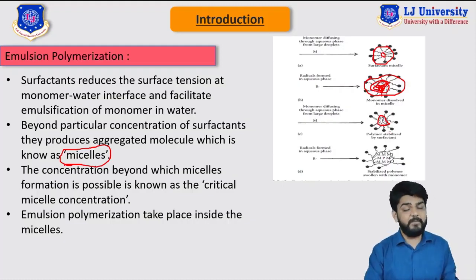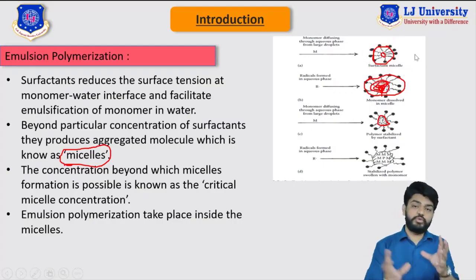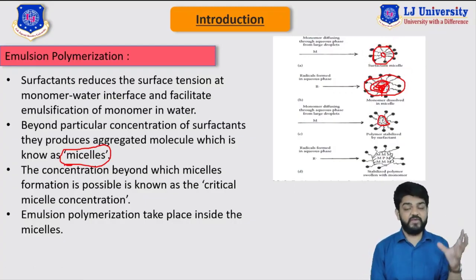So this was all about emulsion polymerization. This entire image explains the concept of emulsion polymerization, right? You can see here in the initial stage we take these surfactants which have two parts. Their head is hydrophilic while their tail is hydrophobic. So at the center of this micelle we will get insoluble matter, right?